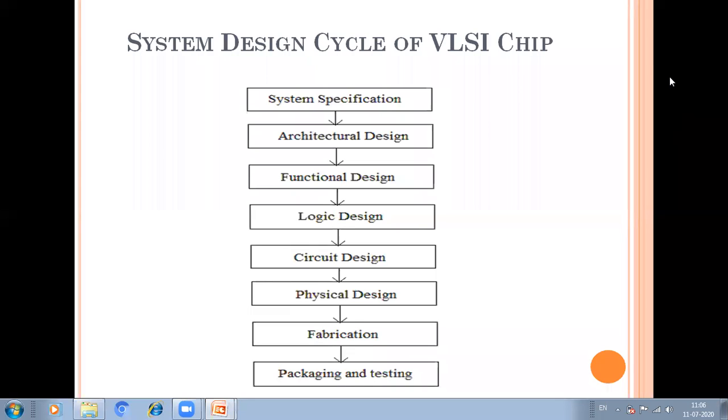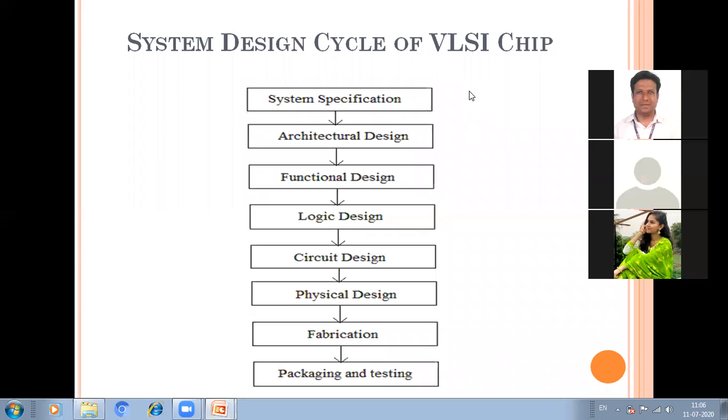This also includes the number of units, floating point units, and the number and structure of pipelines. So in the basic architecture, we can decide these.